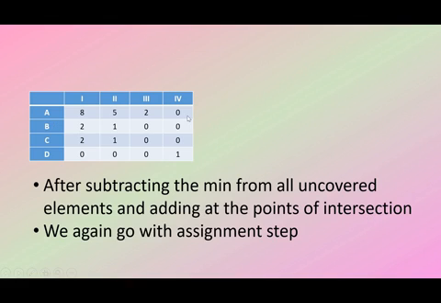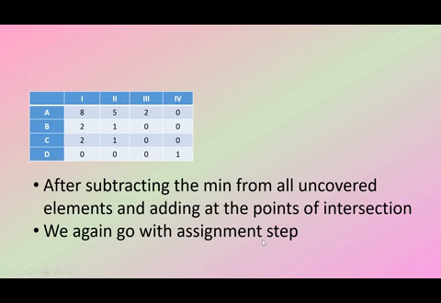Now check whether all rows have zeros. Yes, all rows have zeros. Check whether all columns have zeros. Yes, because all rows and all columns have zeros, I don't need a row reduction or a column reduction. Straight away I can go to assignment step.